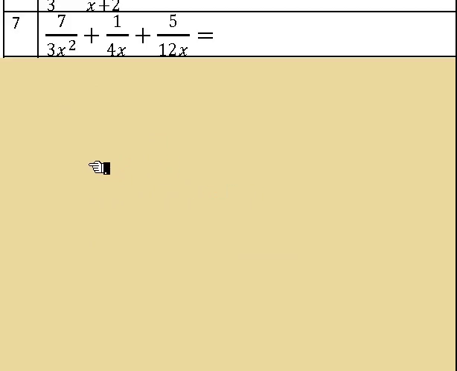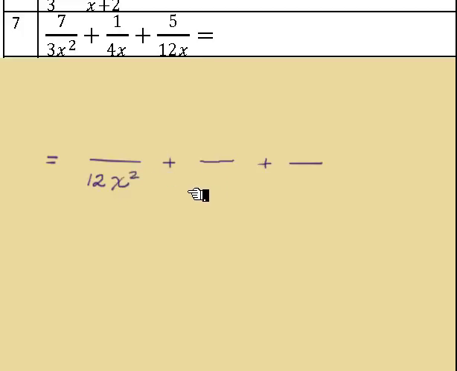In number 7, we're adding 3 fractions, so we need a common denominator. Let's look at these coefficients, 3, 4, and 12. The smallest number that all 3 divide into would be 12, so that will be part of the common denominator. And then we have x squared, x, and x, take the largest power for the common denominator.